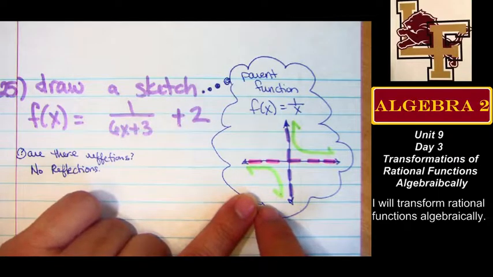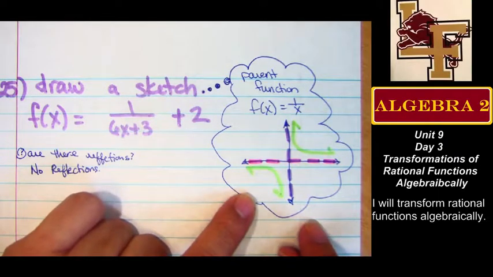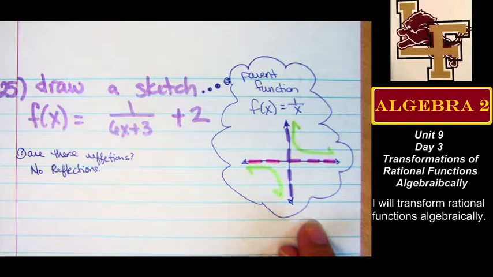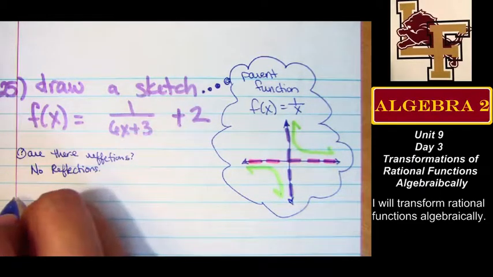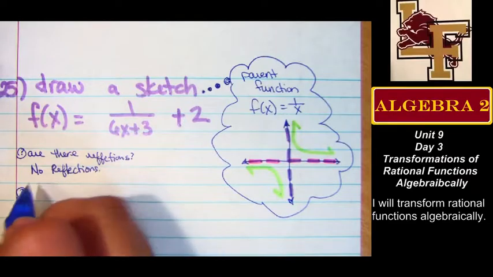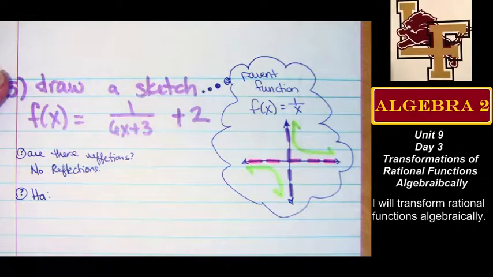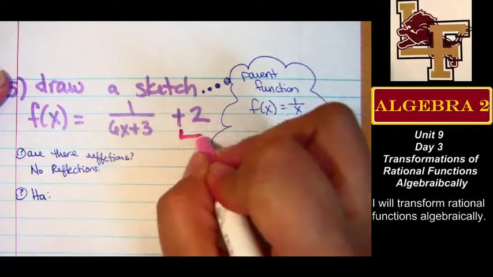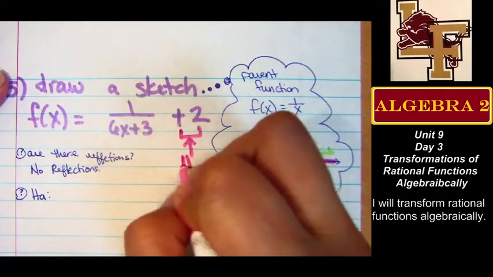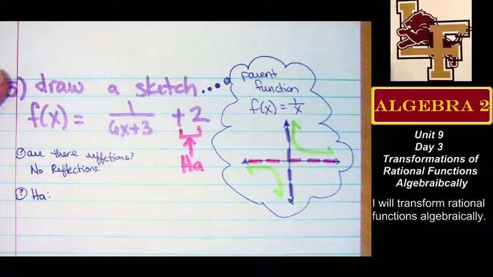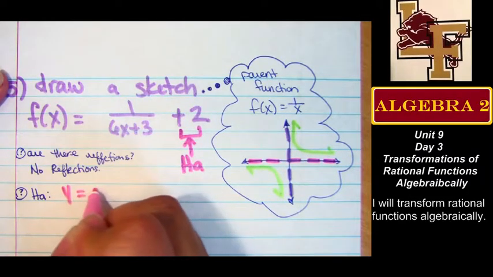If we had a reflection, we'll see it appear in different places, depending on the reflection we've been given. Okay? All right. The next thing to ask ourselves is, where is the horizontal asymptote located? Right there. That's the horizontal asymptote at y equals 2.